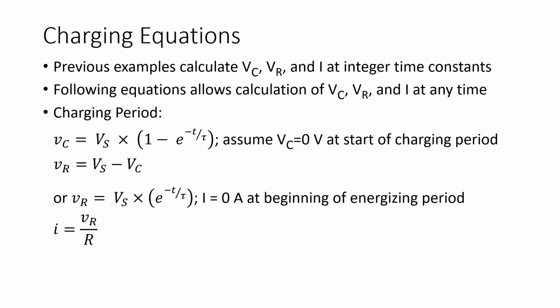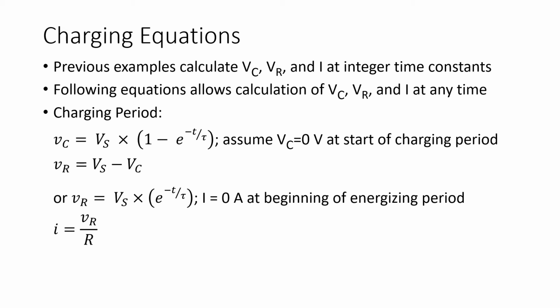Now, our previous examples looked at calculating the capacitor voltage, the resistor voltage, and current at integer time constant values. And of course, we're going to have situations where we need to calculate the capacitor voltage, the resistor voltage, and current at any time.